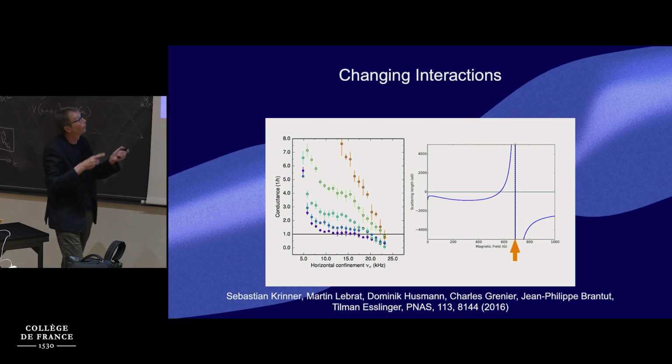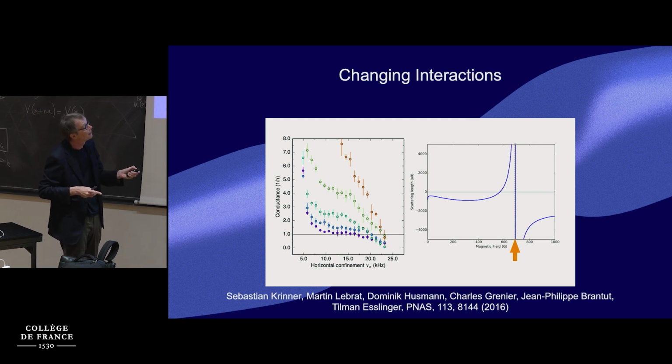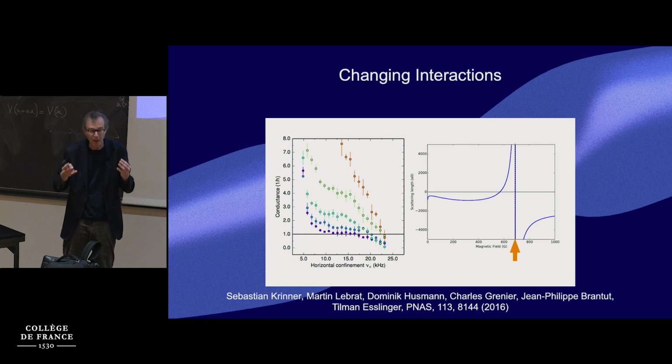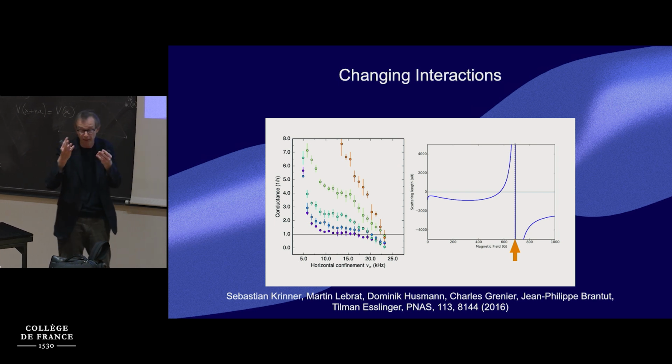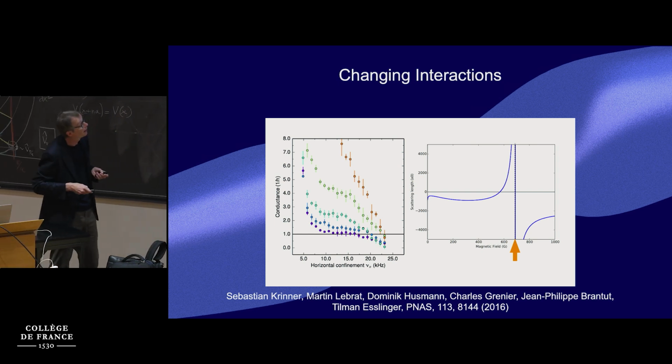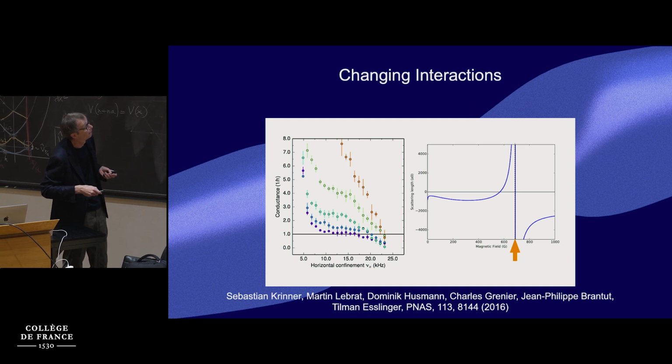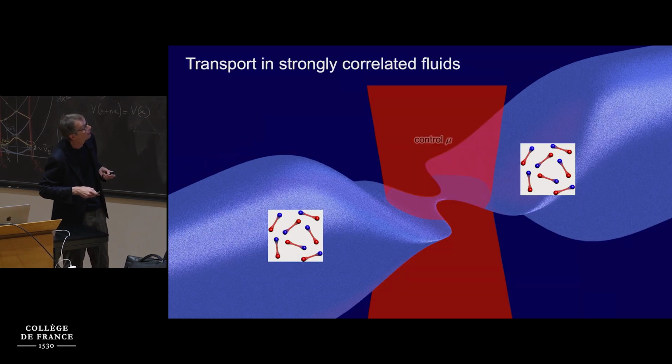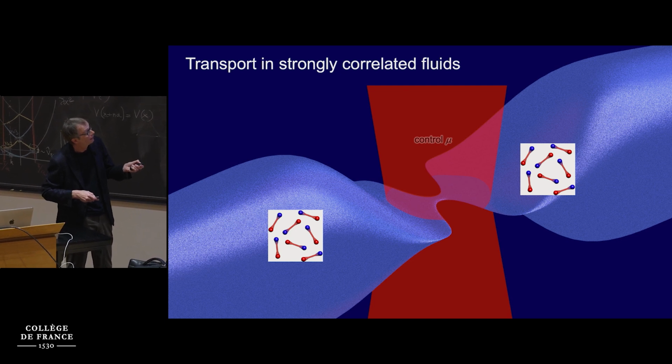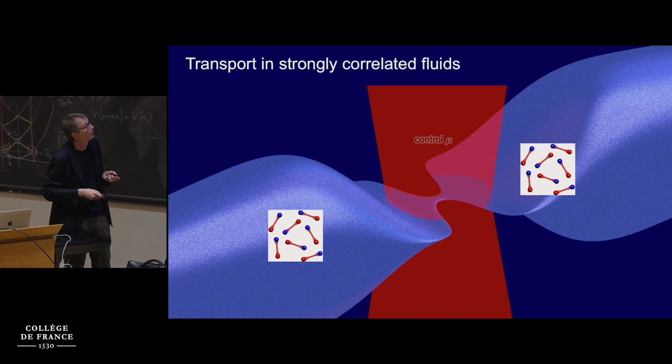Then we focused on this regime because in that regime, the equation of state is known for the unitary Fermi gas. I mean, Christoph Salomon did a lot of important experiments on the equation of state. And so we now controlled the chemical potential within the channel with this additional laser beam, like a gate beam you could think of.